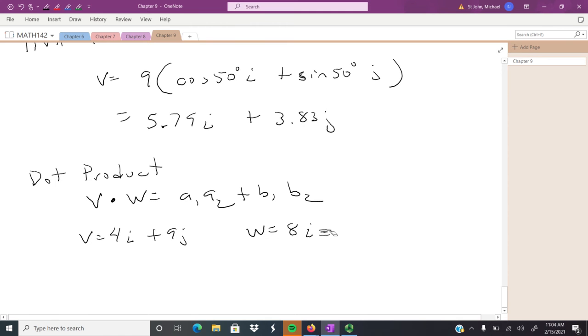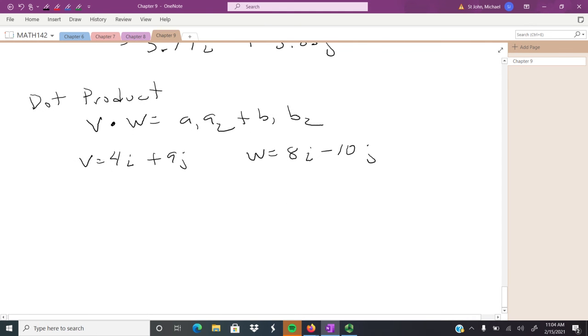Then the dot product is going to be 4 times 8 plus 9 times negative 10. So that'll be 32 minus 90, which will give us a negative 58. So we get our dot product. Okay.